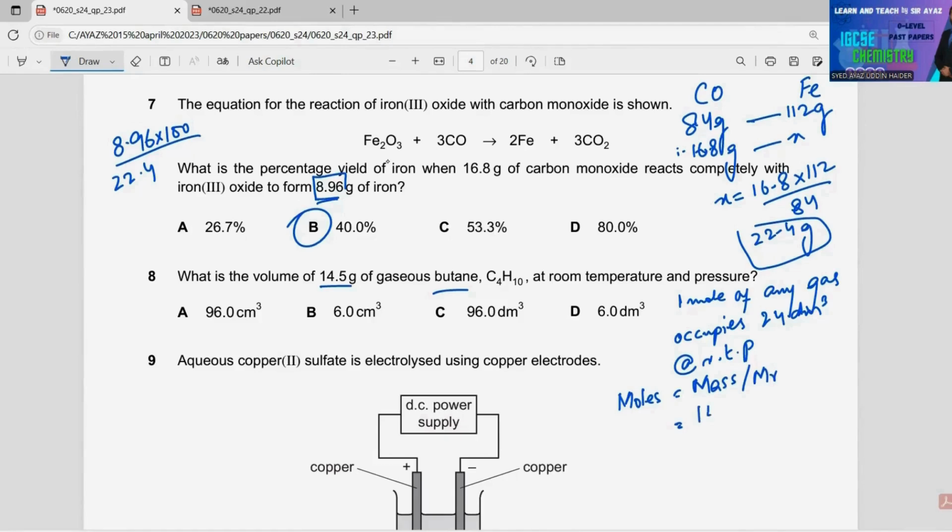Mass is provided, which is 14.5. For Mr, we have 4 atoms of carbon and 10 atoms of hydrogen. 4 multiplied by 12, 48. 48 plus 10, 58.